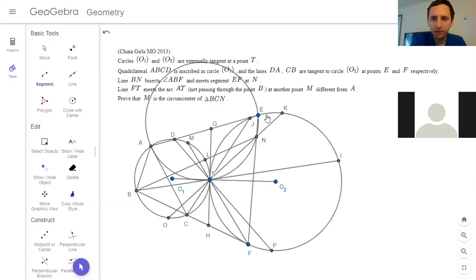My bad. K, O. Let's see. Is O not necessarily.